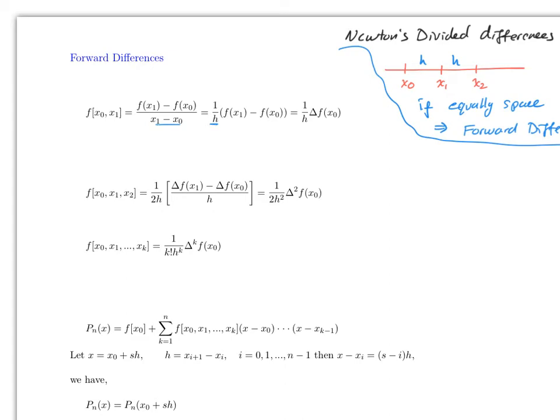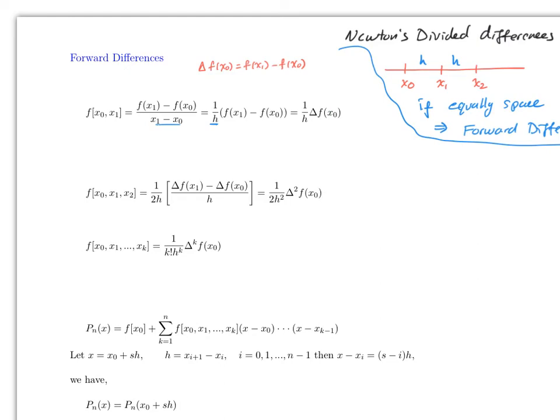And then we're going to define delta of f of x0 to be equal to f of x1 minus f of x0. By the way, my dog's name is Delta. Not important, but I just wanted to mention it. So therefore, a more compact way of writing the first divided difference: instead of writing this, we're going to write it this way.